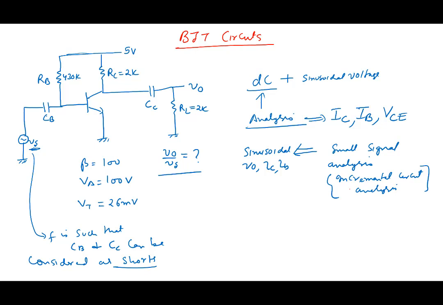So we'd like to do this to figure out V0 by Vs first. Note that both V0 and Vs are small signal quantities, sinusoidal quantities.